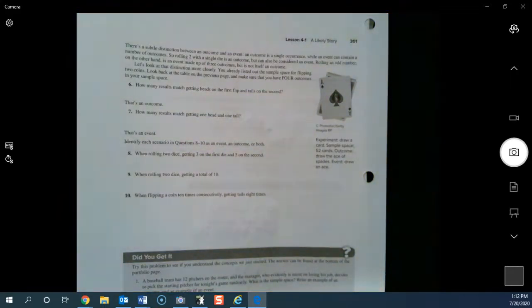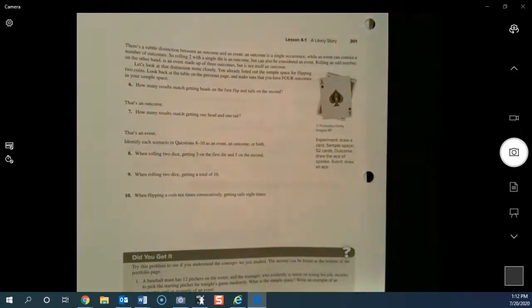An outcome is a single occurrence, while an event can contain a number of outcomes. So rolling 2 with a single die is an outcome, but can also be considered an event. Rolling an odd number, on the other hand, is an event made of 3 outcomes, but is not itself an outcome. Let's look at that distinction more closely.